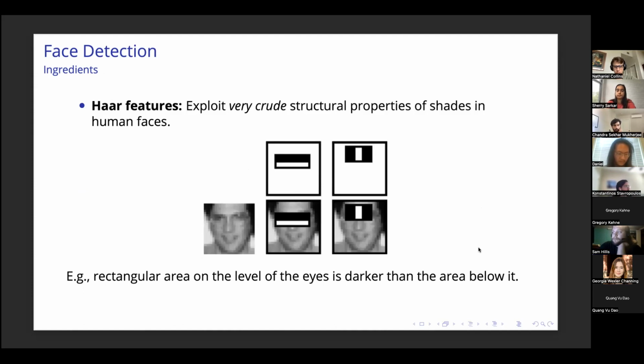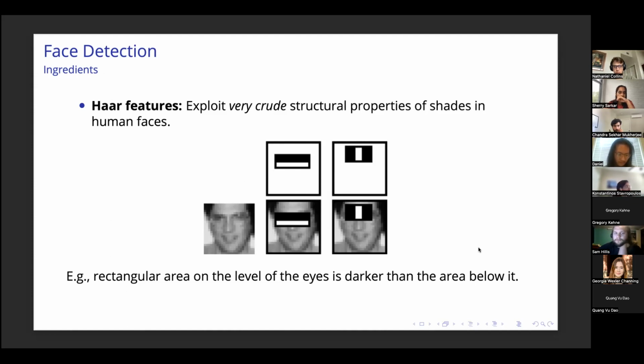Viola and Jones use the Haar features, which are very simplistic ways to extract information out of an image. They're very crude, and they are based on very simple observations, like, for example, that at the level of the eyes, the shades of a human face make this area darker than the area below it.